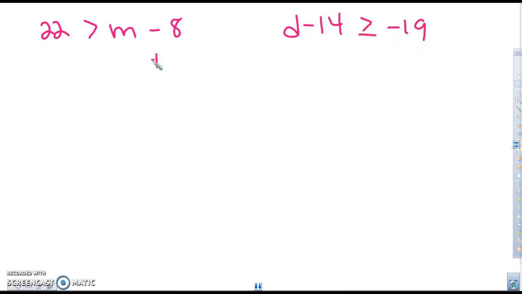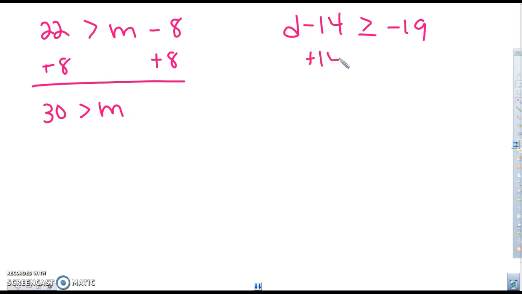So in the first one, I can add 8 to both sides. So I get 30 greater than m. And my second one, I add 14 to both sides. Those cancel, and I get d greater than or equal to -5.